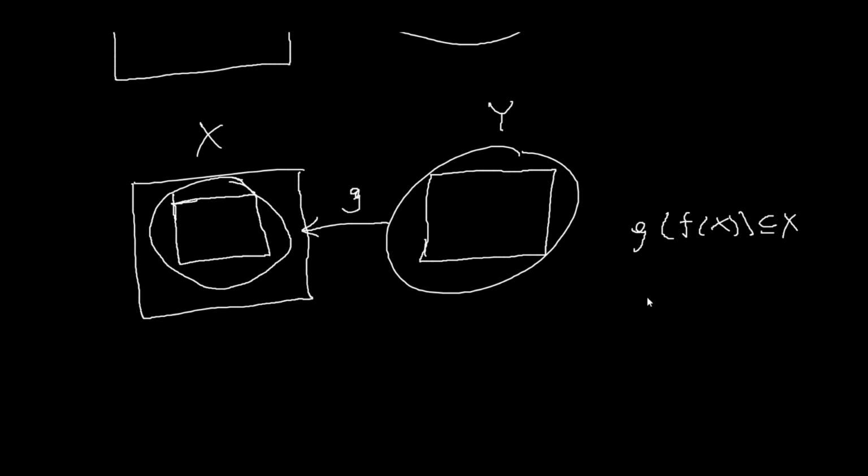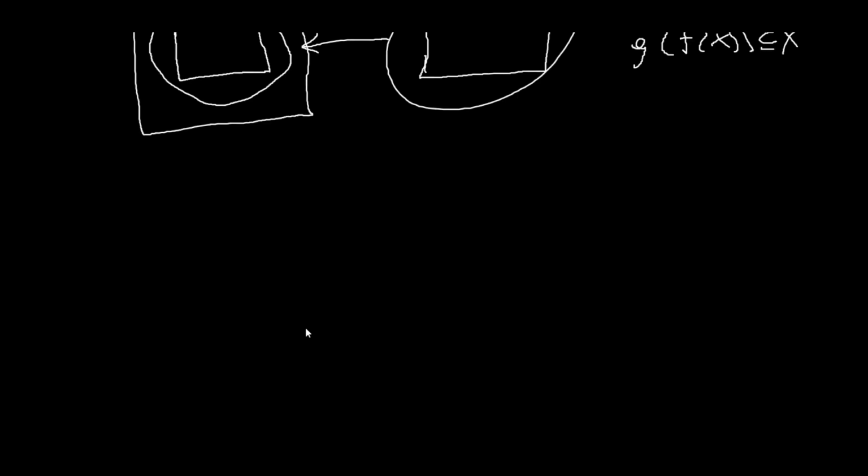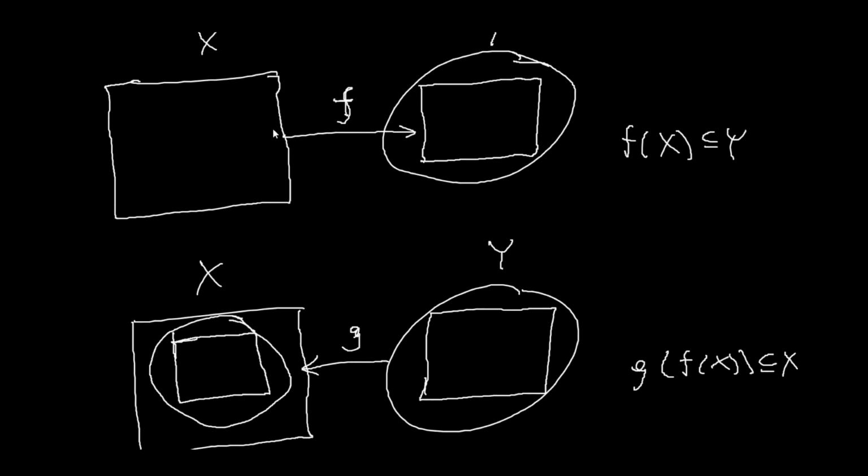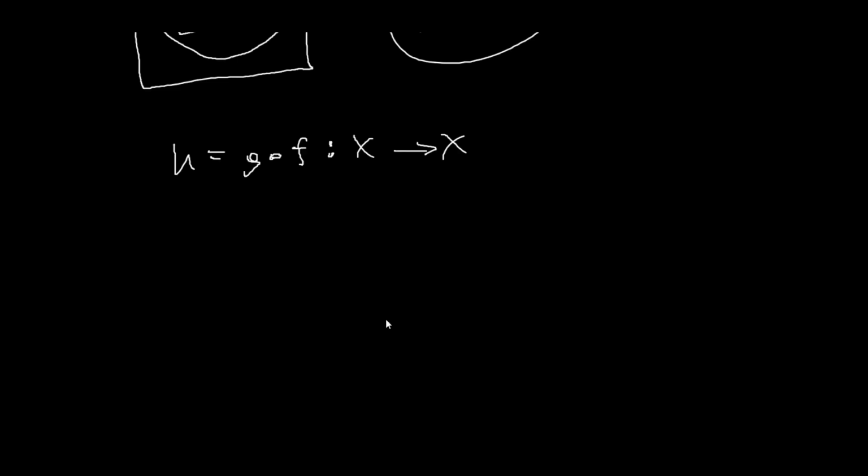Now the trick is that let us define a composition function h equals g of f from x to x. And what it does is just as what we've seen, you take the function f and then you follow it up by taking the function g.